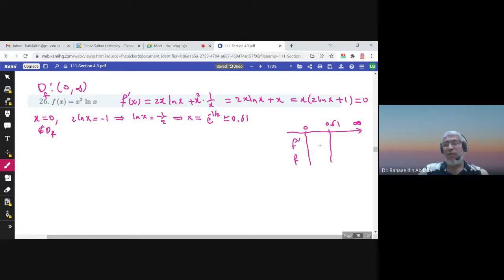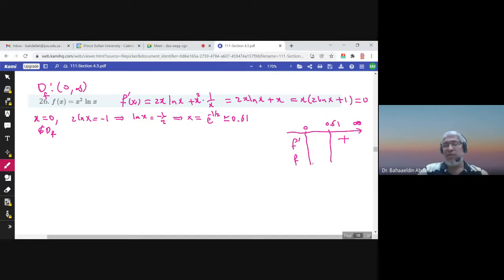Okay, f prime. If I choose a number 10, for example, where is f prime? If I replace x by 10, ln 10, everything is positive. If I replace x by less than this number, 0.1, for example, you will find that ln 0.1 is negative. And this will make 2 ln 0.1 plus 1 a negative number.